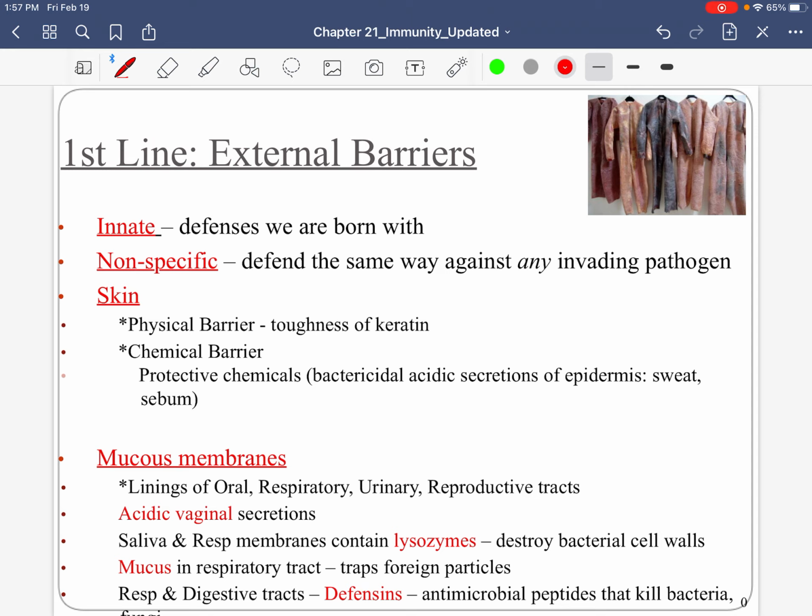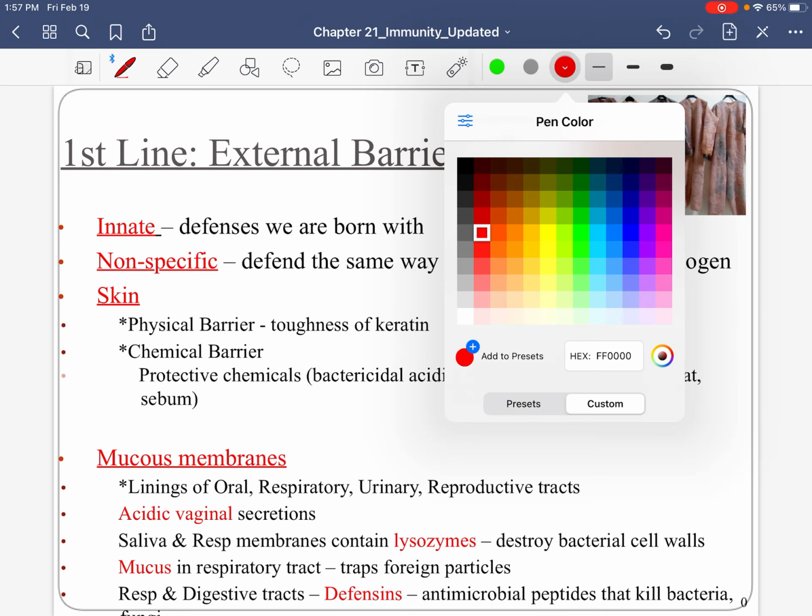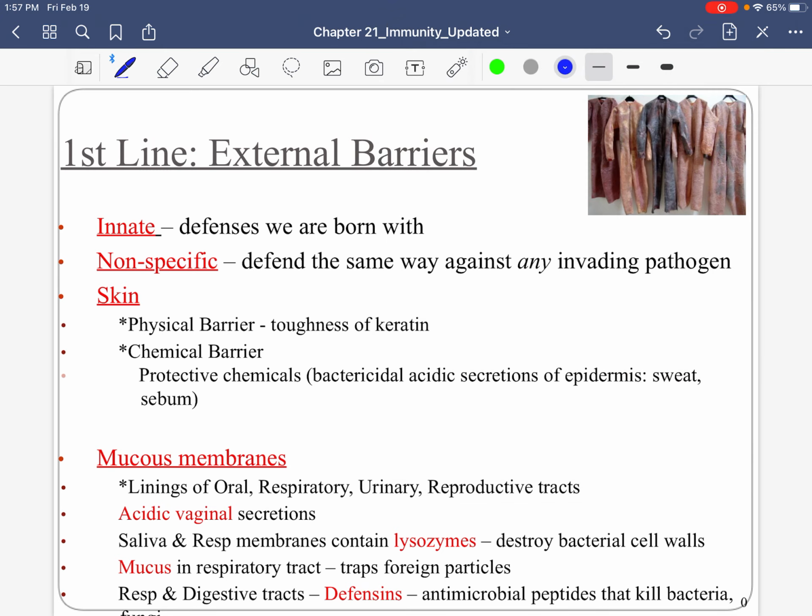Our skin, let me change colors here. Let's use blue. Why not? Our skin is a fantastic external barrier. It separates our insides from the outside world. Not only is the skin a physical barrier, but there's also some chemical properties to our skin in being a barrier to protect us against foreign agents.